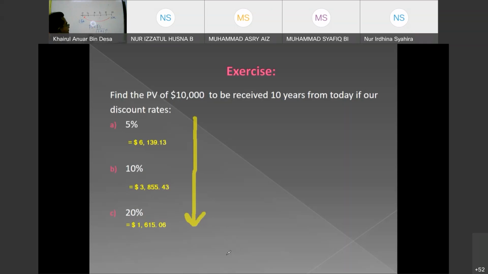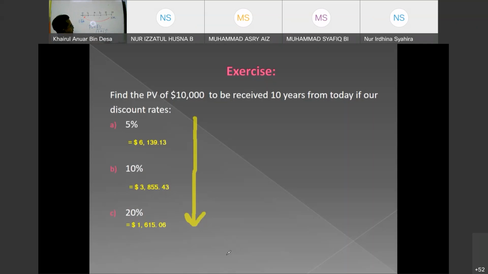Nampak? Fix. Okay, di sini 10,000 over 1 plus I kita berapa tadi? 5%.